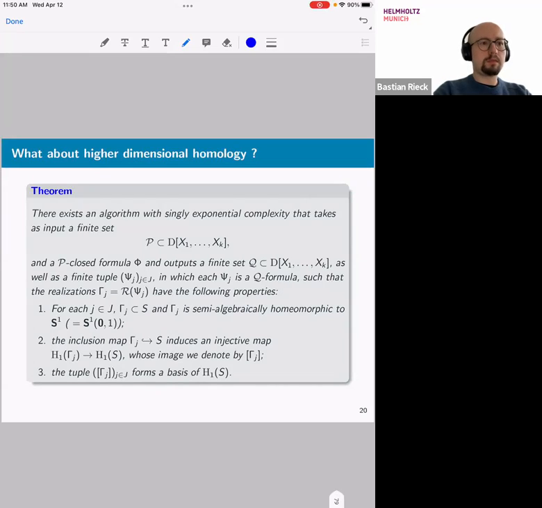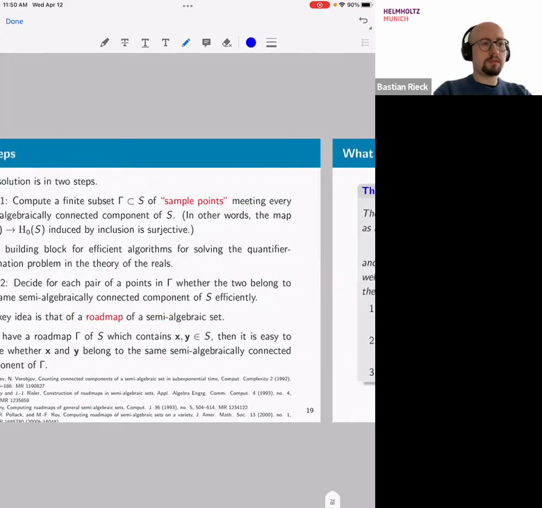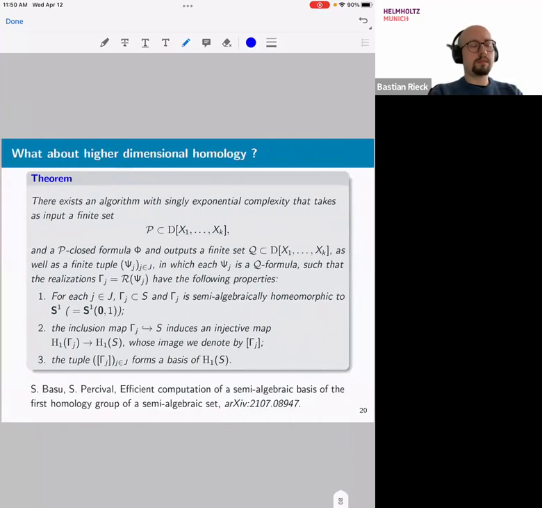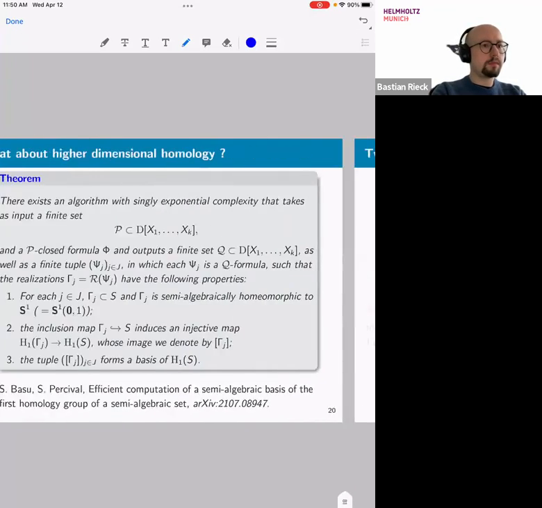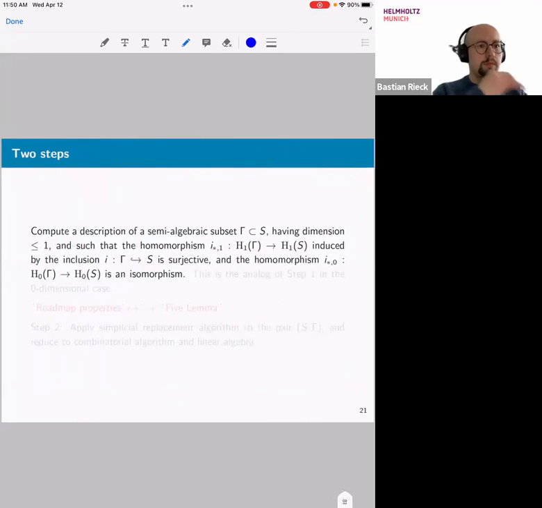Just like in the previous case, the sample points pared down after step 2 were the basis for H0 of S. And it's interesting, you can find this paper on the arXiv. It's called Efficient Computation of a Semi-Algebraic Basis of the First Homology Group. And it's interesting that the algorithm follows the same two steps.